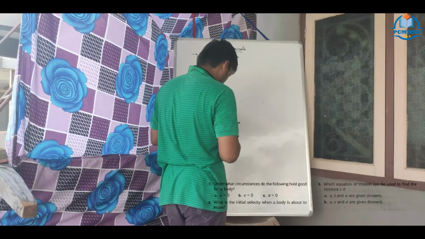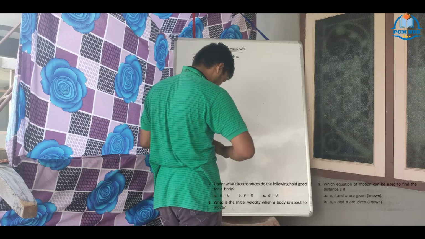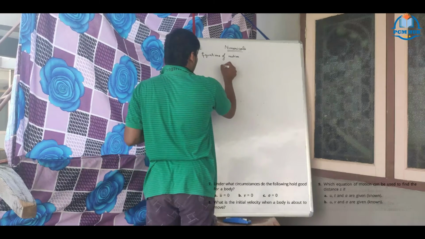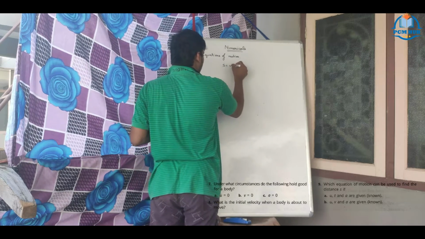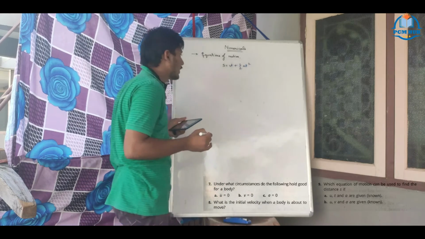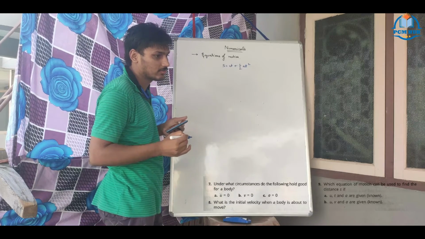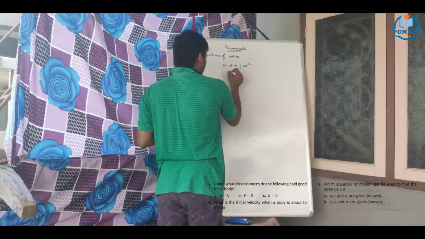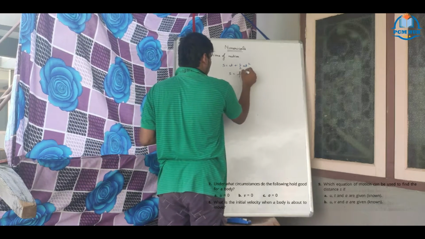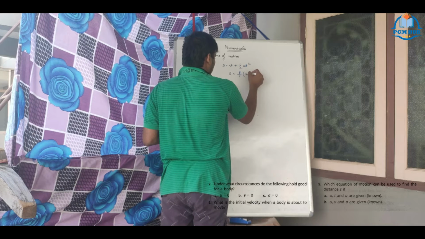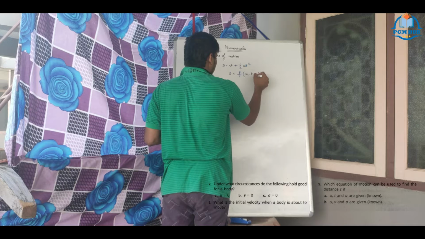I am writing on the board. Here we have s equal to ut plus half at square. What are the prerequisites? u, t, a. Exactly, so s is a function of u, t, a.